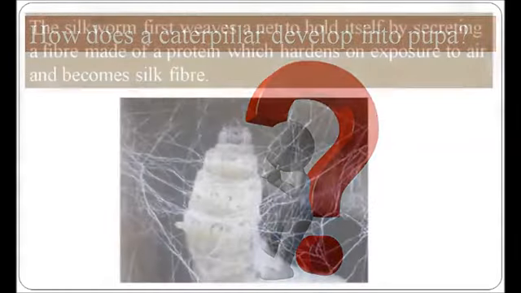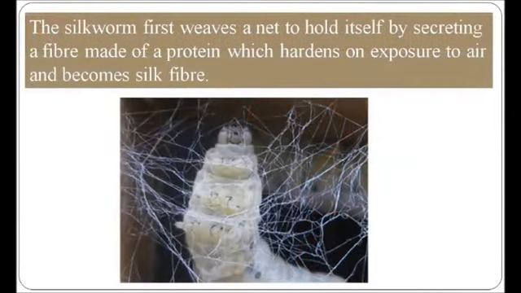The silkworm first weaves a net to hold itself by secreting a fiber made of a protein which hardens on exposure to air and becomes silk fiber.